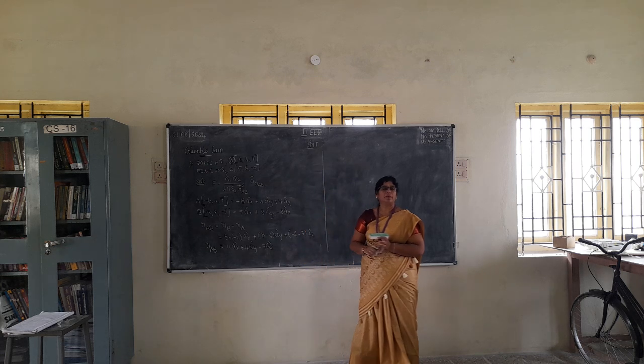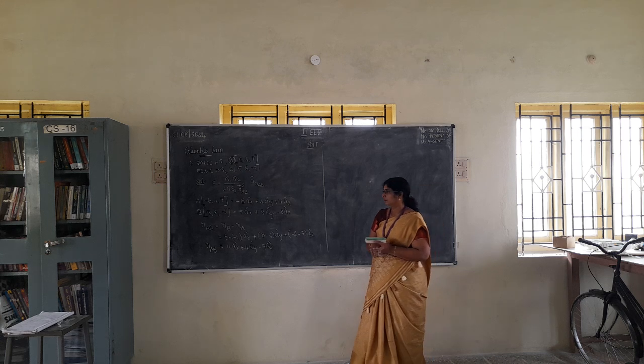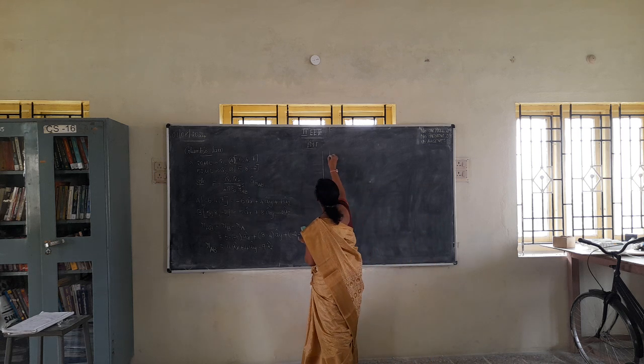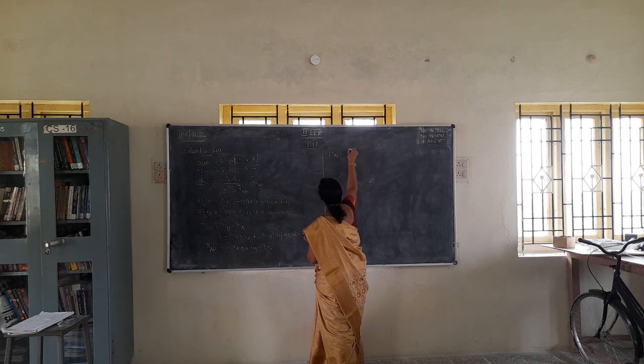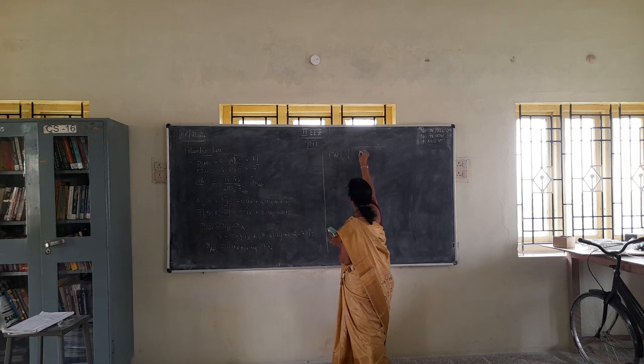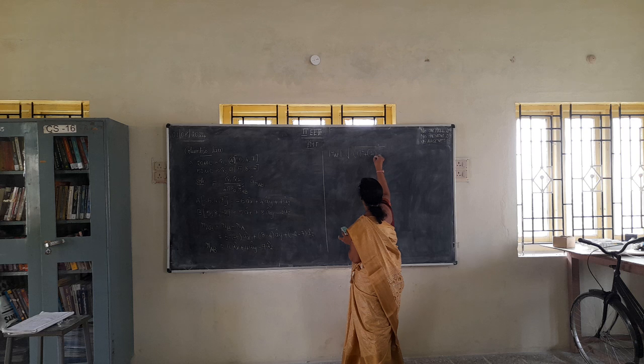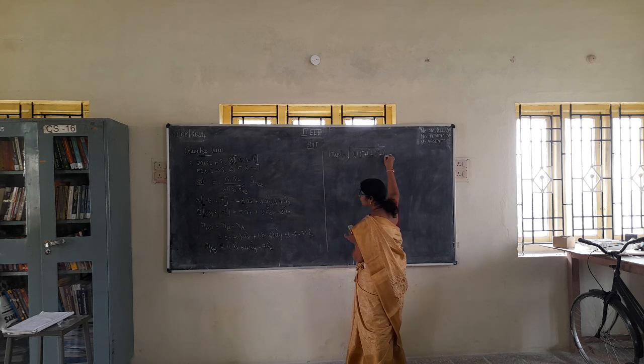A vector has magnitude and direction. To find the magnitude, the modulus of RAB is equal to the root of coefficient of x, 11, the whole square, plus coefficient of y, 4, the whole square, plus coefficient of z, minus 9, the whole square.